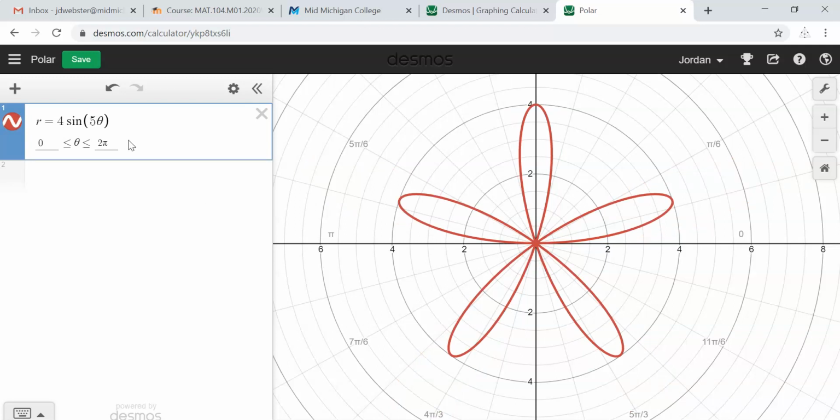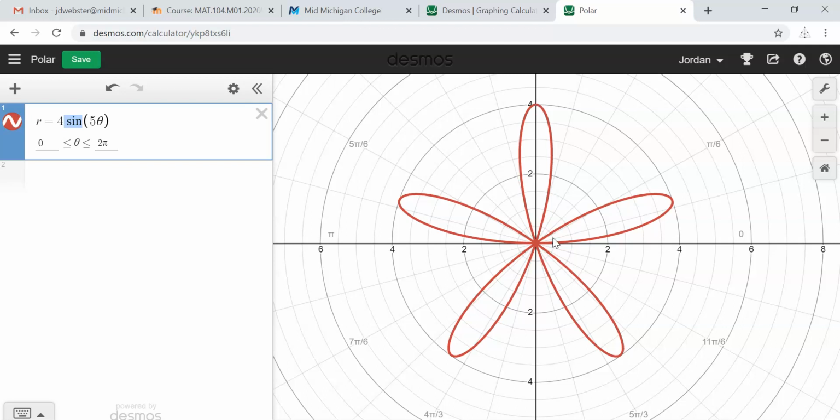By the way, sine, I want you to notice real quick, I'm dealing with sine, and one of the petals is lined up directly on the line theta equals pi over 2. See that? The vertical line theta equals pi over 2, or what we would have called in the rectangular version, the y-axis.